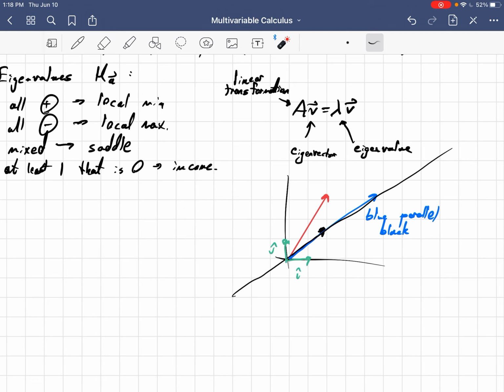If I go a little nudge in the input, there's a corresponding little nudge in the output. And it's a positive nudge, right? The nudge goes up because we have a positive eigenvalue.